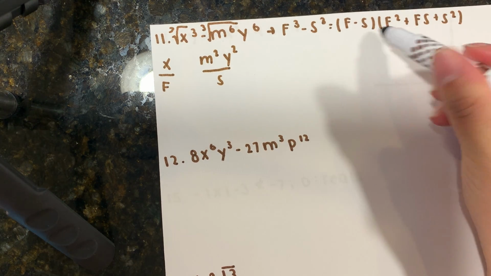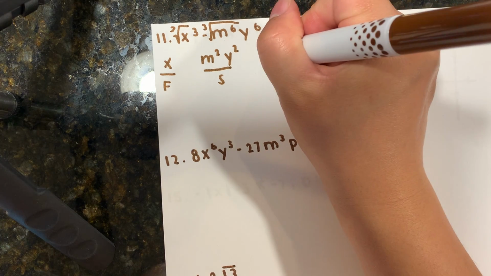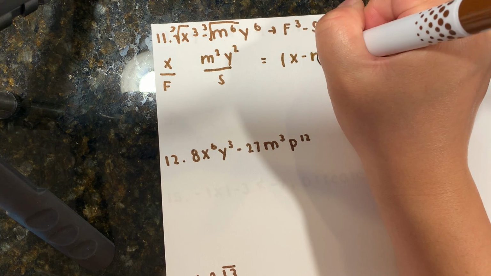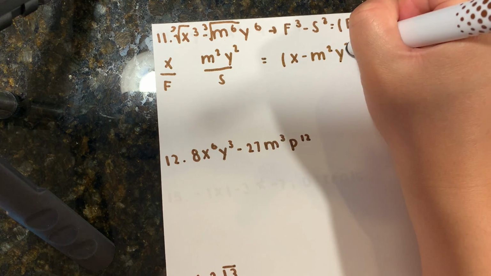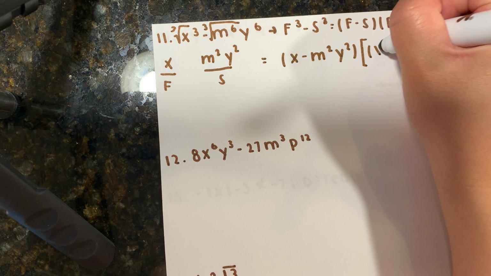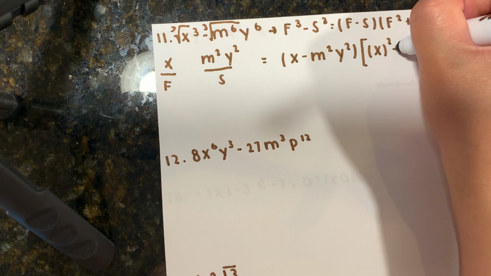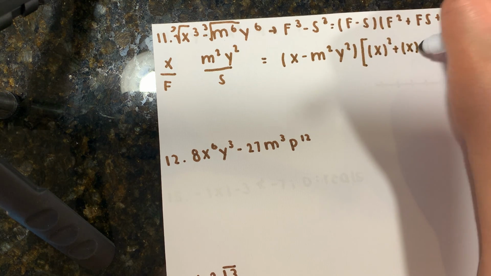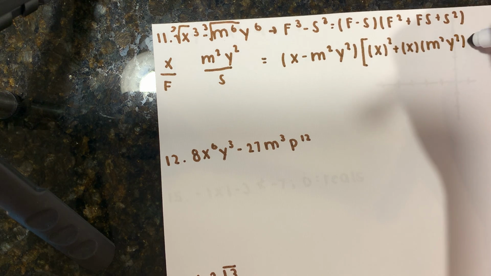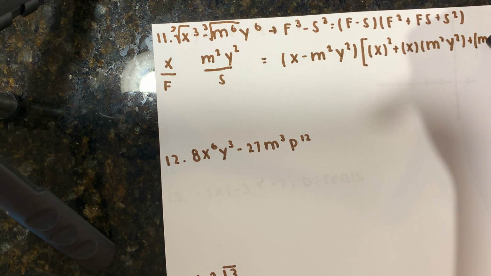So now you're going to input that into this part of the equation. So that would be x minus m squared y squared times x squared plus x times m squared y squared plus m squared y squared, squared.